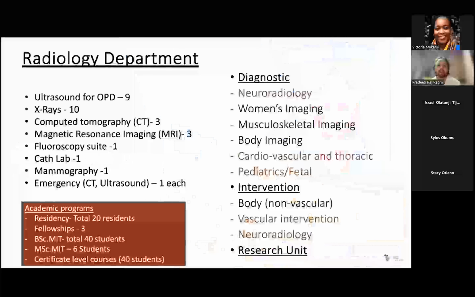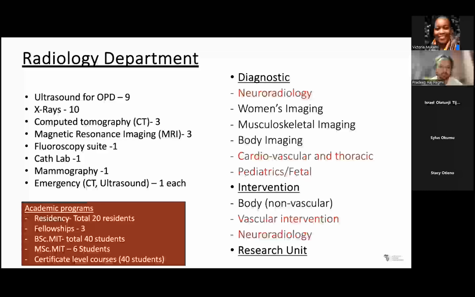Our department has 9 ultrasound units for outpatients and emergency. We also have CT scanners, 3 MRIs, fluoroscopy, and X-rays, and we also conduct academic programs.